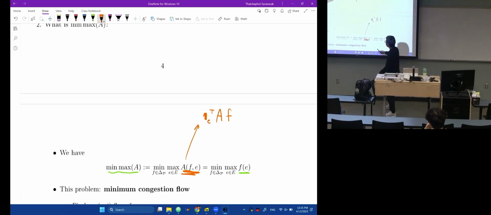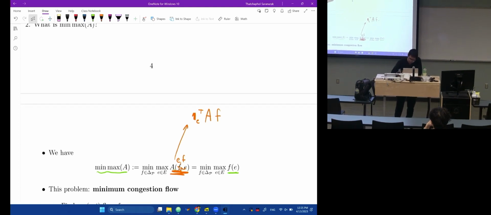So note again, this is a distribution, this is not a distribution. Oh, it should be E of F. Sorry, EF.